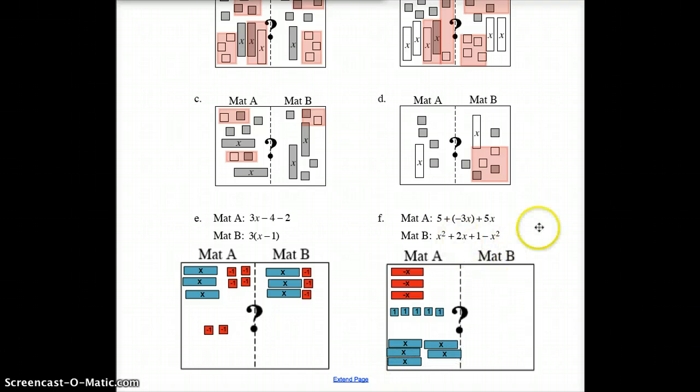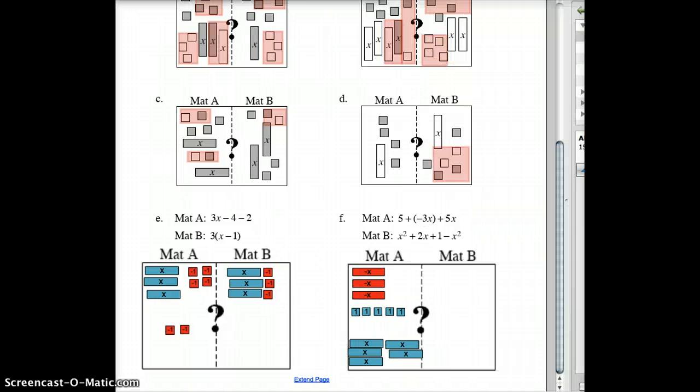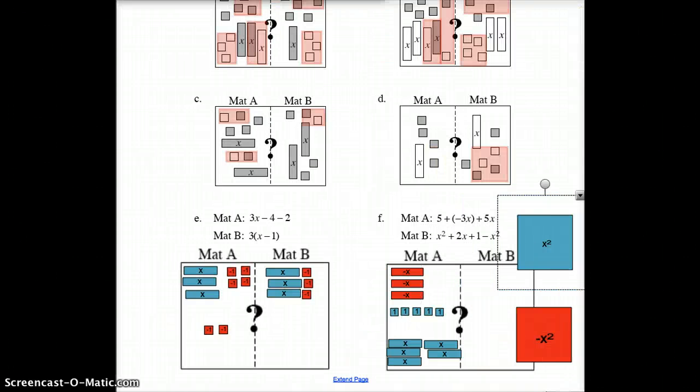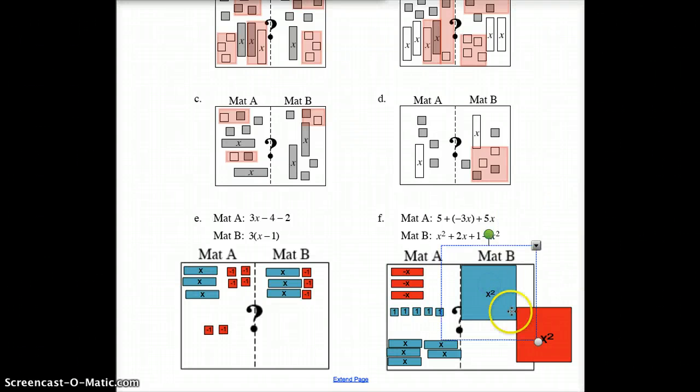On this mat down here, well, doggone if I didn't take care of what I was supposed to do ahead of time, but I'll do that right now. Let's see here, we need a negative x squared tile and a positive x squared tile. Isn't that just cool? Okay, let's take this one here, let's put that in there, but that's way too big, so we're going to resize that, make that look much, much smaller.